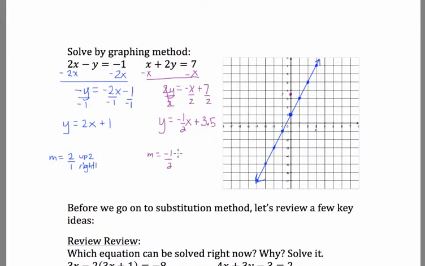There's my m number, so my slope pattern will be down 1, right 2. So from there, I'll go down from 3.5 to 2.5, and then right 2. Down 1, right 2. Same pattern backwards.